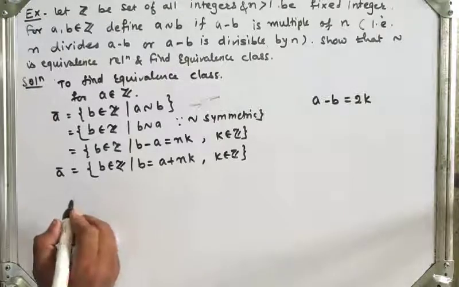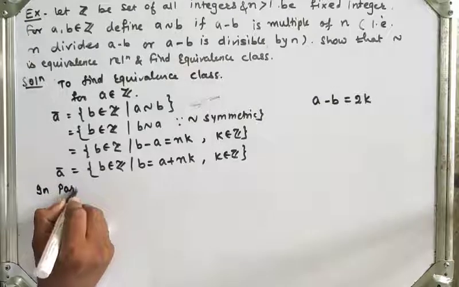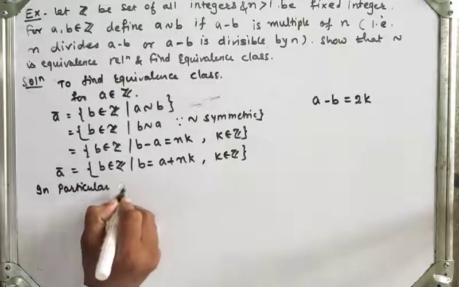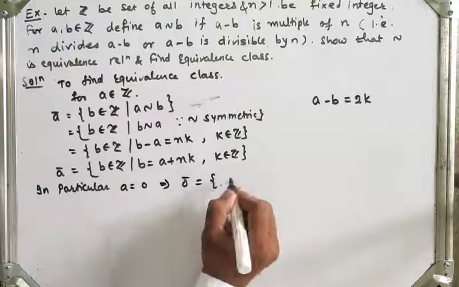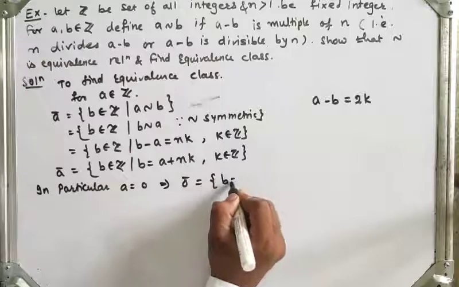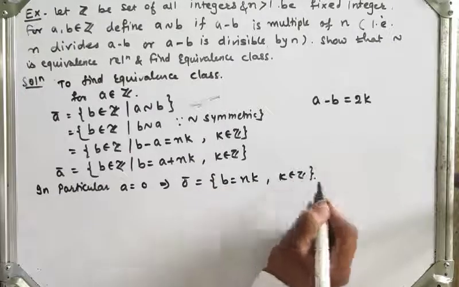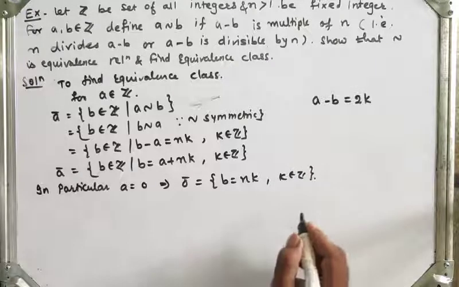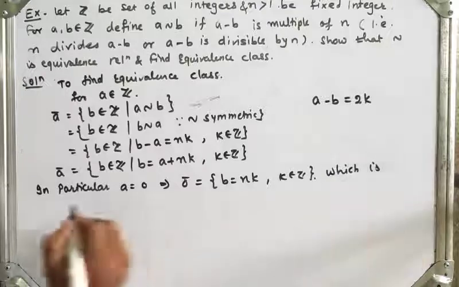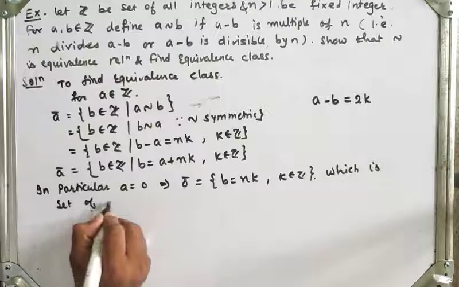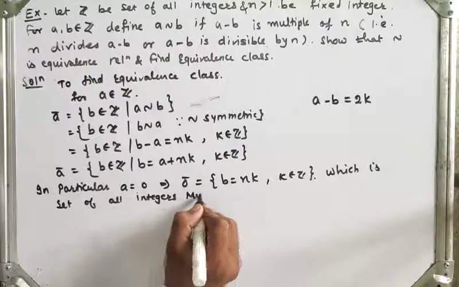In particular, for A equal to 0, the class 0 bar is the set of B equal to nk, where k belongs to the set of integers, which is the set of all integer multiples of n.